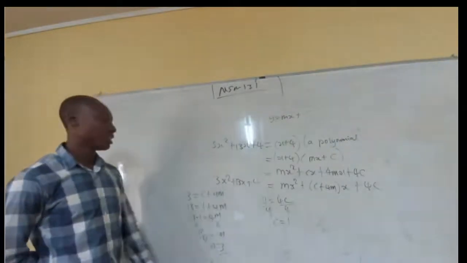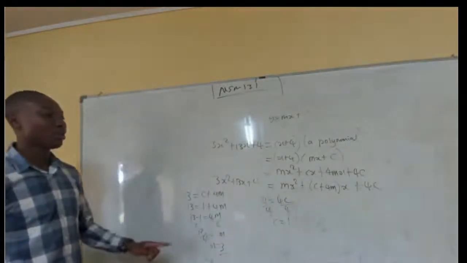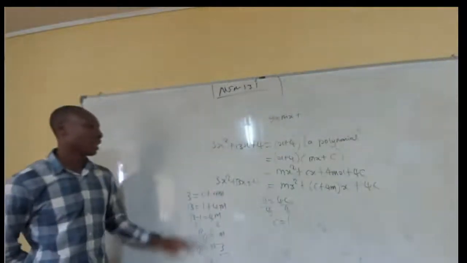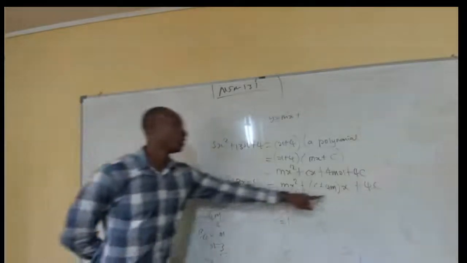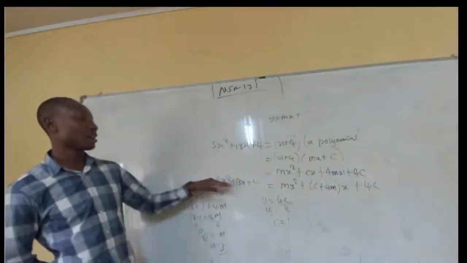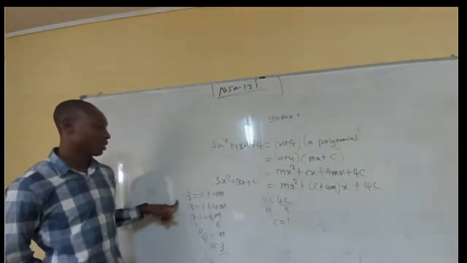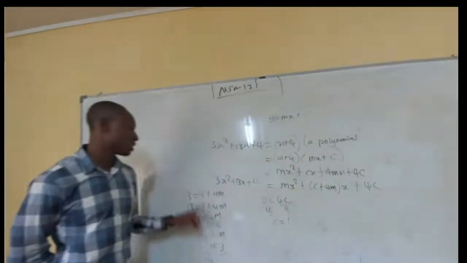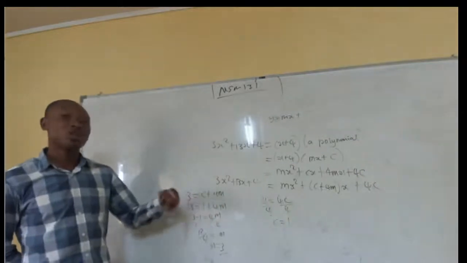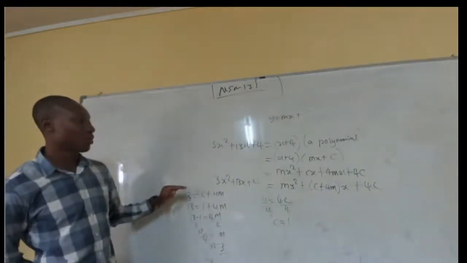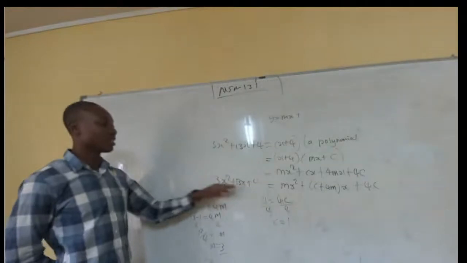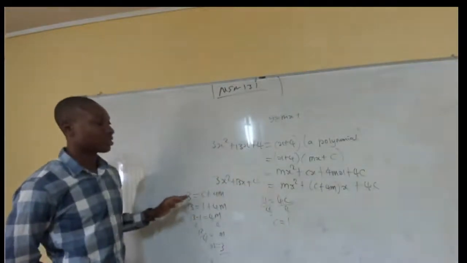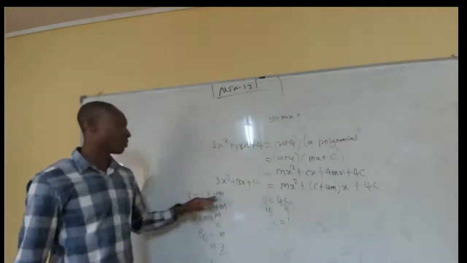Now that we know that c is 1, I'm going to replace c with 1 in c plus 4m, and equate this to the coefficient of x. The coefficient of x on the left hand side is 13, and the coefficient of x on the right hand side is c plus 4m.